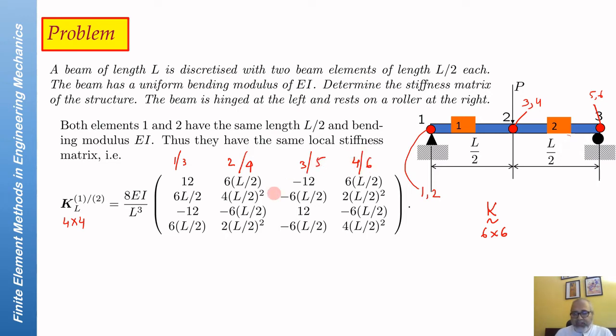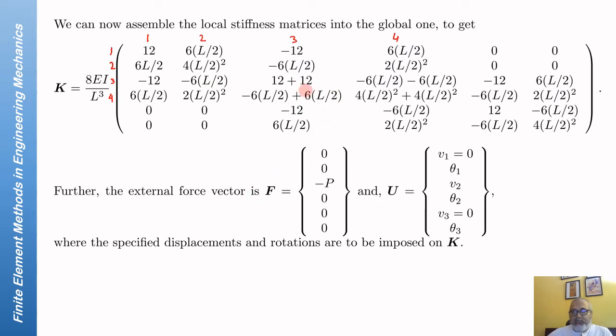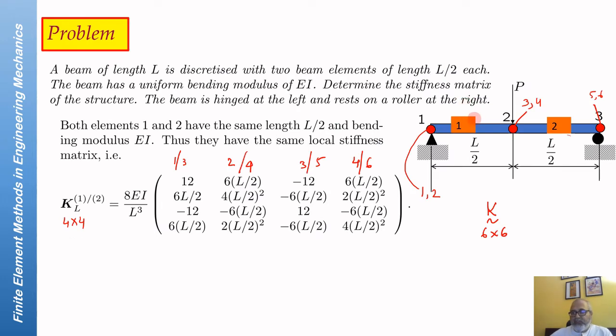So this goes into this part of the global stiffness matrix. And you would see that for degrees of freedom 3 and 4, the stiffness contributions from element 1 and element 2 will add up, whereas for 1 and 5 there would be stiffnesses only due to element 1 and element 2 respectively.